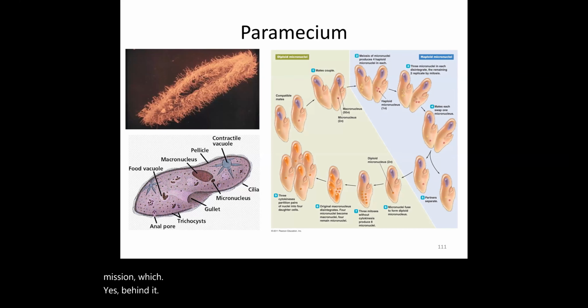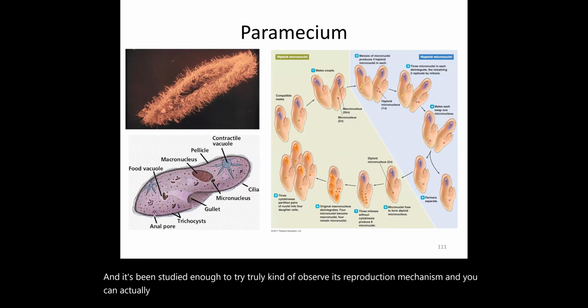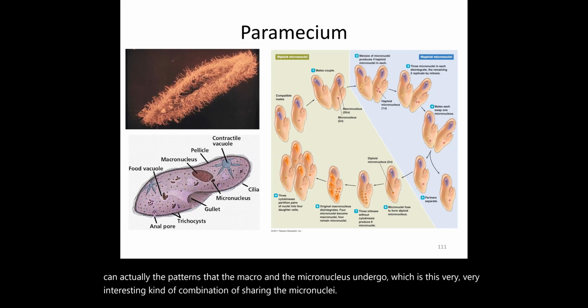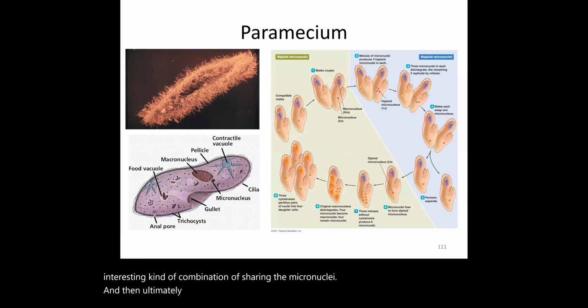It's been studied enough to truly observe its reproduction mechanism, and you can actually see the patterns that the macronucleus and micronucleus undergo, which is a very interesting combination of sharing the micronuclei, and then ultimately those micronuclei fuse together and make several macronuclei.